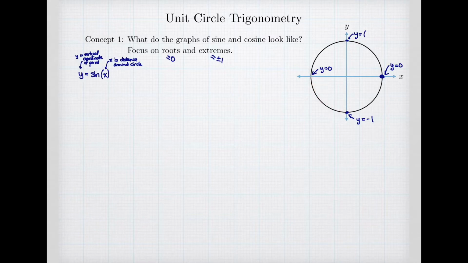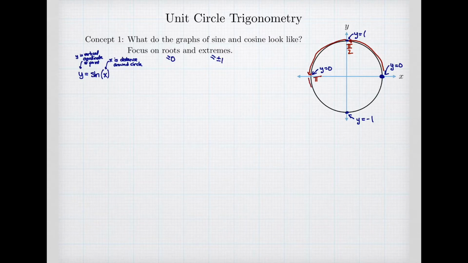And I just need to know what angles these correspond to. As I travel in the counterclockwise direction, I first reach my maximum at an angle of pi over 2. If I travel another 90 degrees, I've now traveled 2 pi over 2, or I'm at the angle pi.